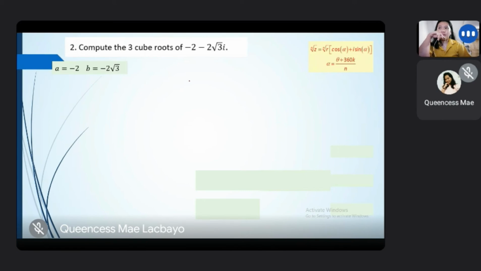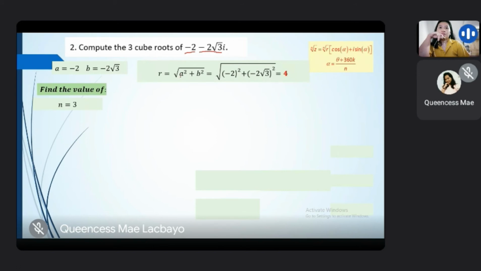Our a here is negative 2, and b, the imaginary part, is negative 2 square root of 3. Then, find the following: n equals 3, since it is a cube root. The formula for r is the square root of a squared plus b squared. Let's substitute: negative 2 squared is 4, plus negative 2 square root of 3 squared.